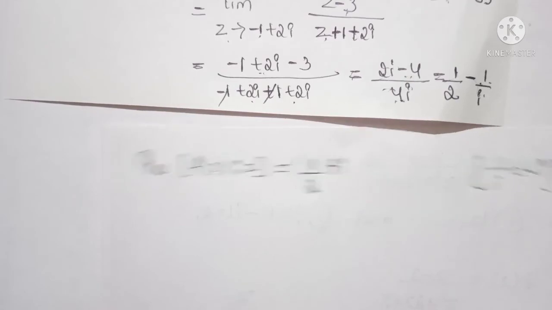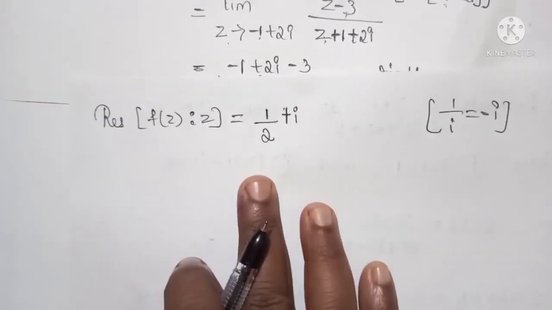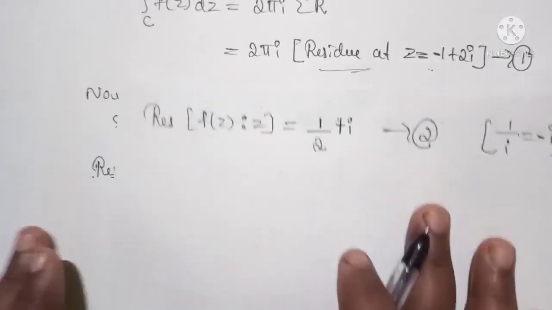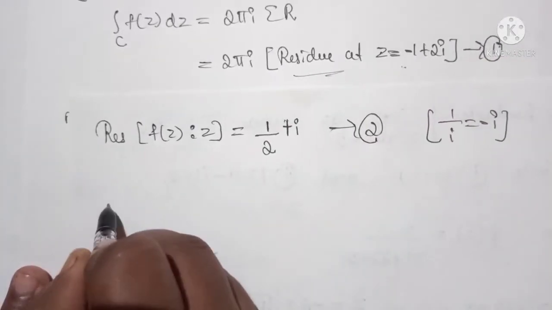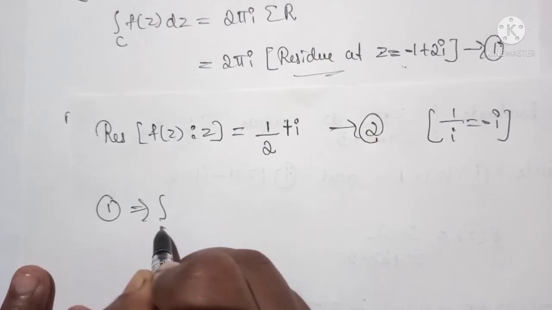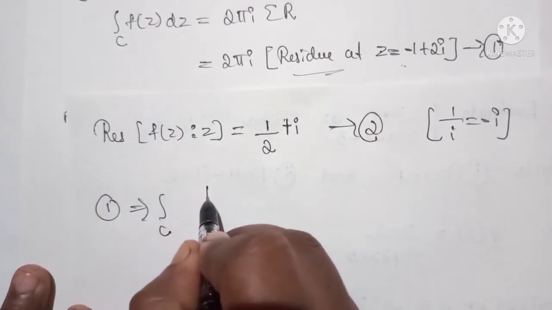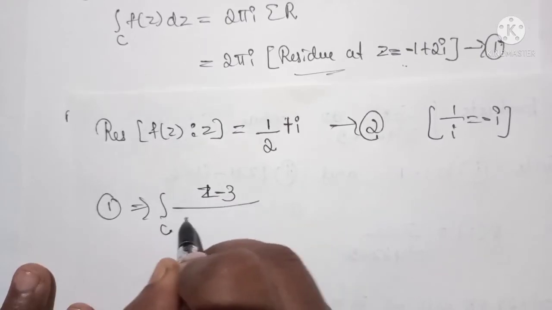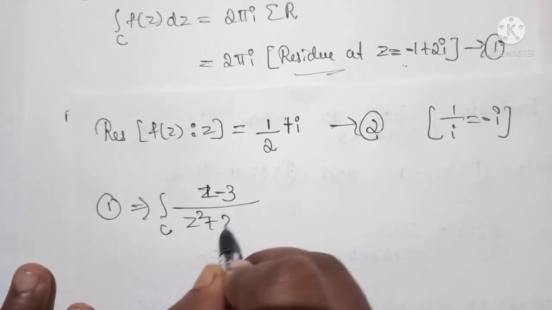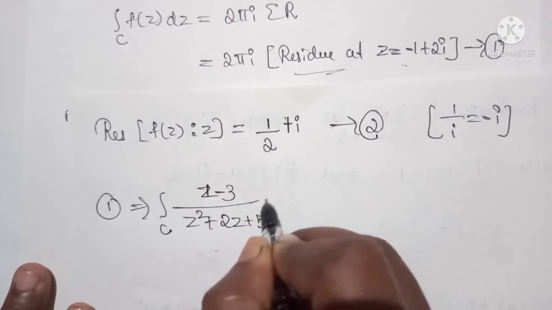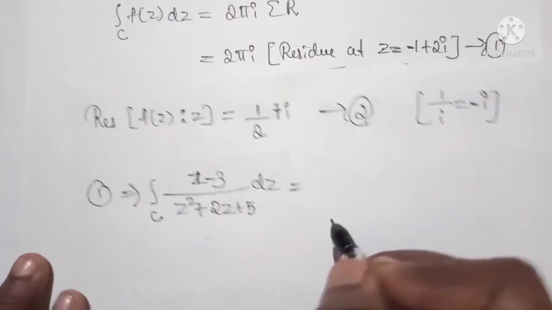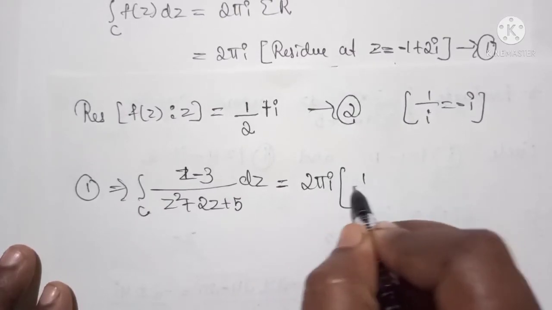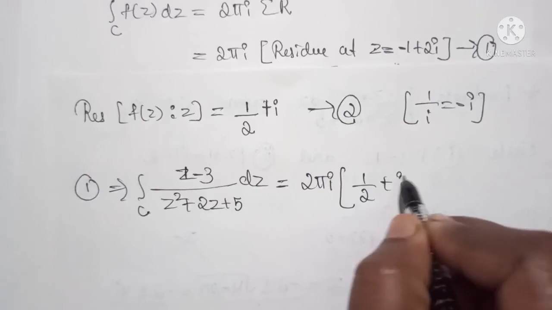Okay, so now we got the residue. Consider this as equation 2. Now substituting this residue in equation 1, the integral over c of f of z dz, that is z minus 3 divided by z square plus 2z plus 5 dz, equals 2 pi i into (1 by 2 plus i).